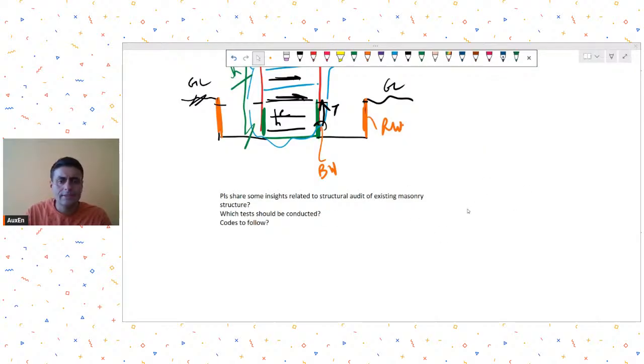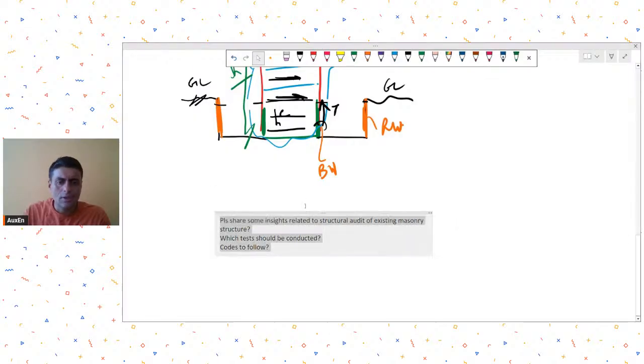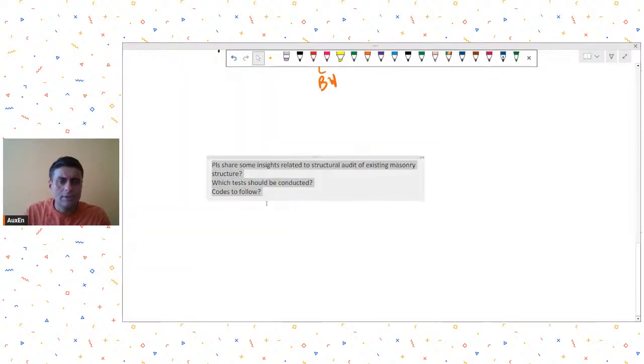I hope you can see this. The screen is visible, right? Yeah. Okay. So please share some insights related to structural audit of existing masonry structures. Which tests should be conducted? Codes to follow. I am not quite aware of the codes to follow.